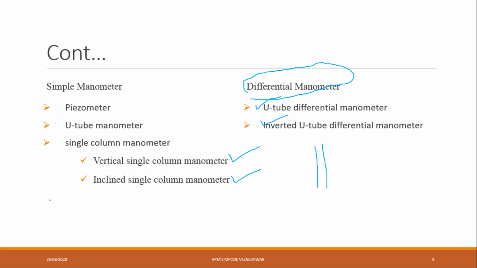But I am saying there is a compulsory numerical on manometers. Whatever his wish, he will do: he may give his own question, or, as he has been following our Bansal textbook, he will give one numerical from the Bansal textbook itself.